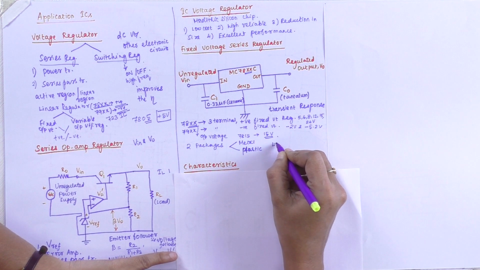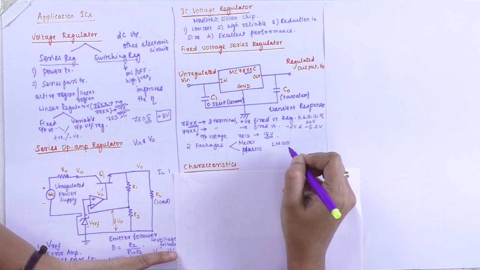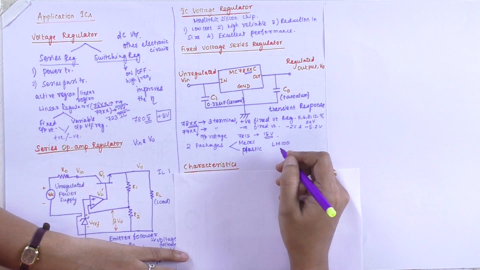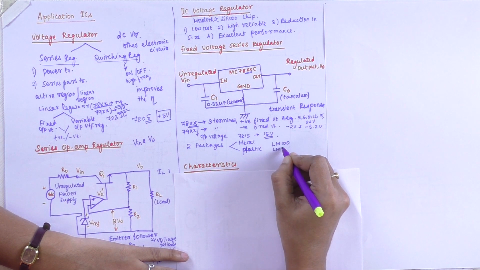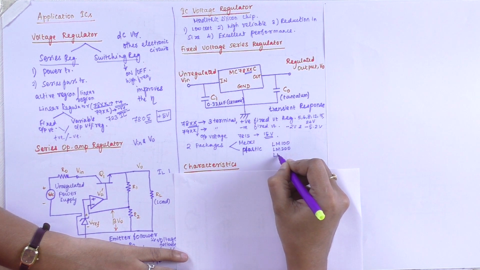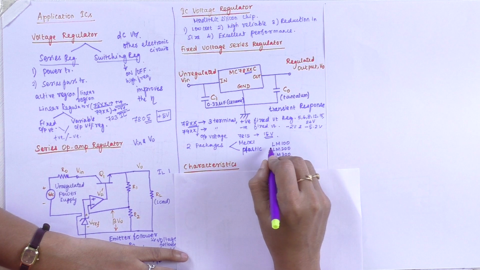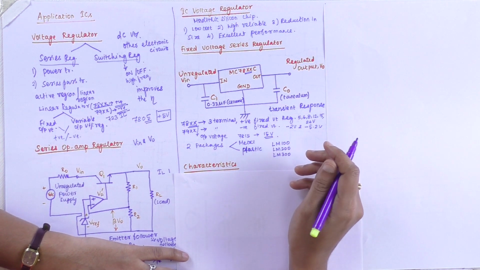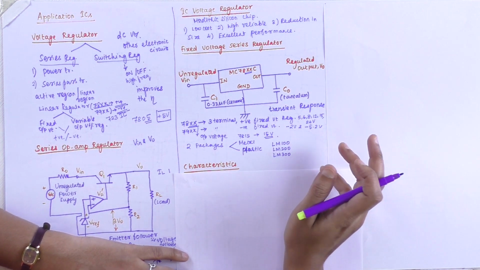So here, with the IC LM100, we can make these regulators with LM100, LM200 and LM300 series regulators. Every IC may vary with the temperature ranges.